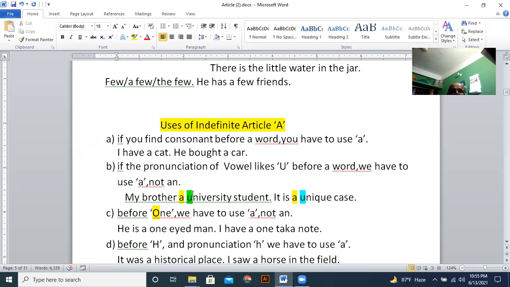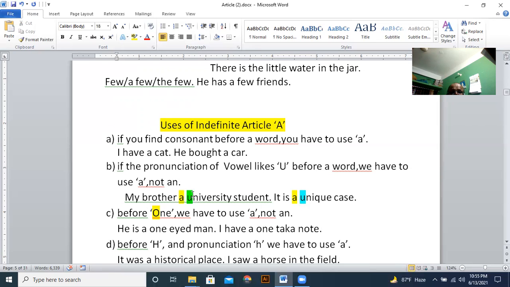So before this word we have to use a, not an. Same, it is a unique case. Here, unique starts with you sound, so we have to use a, not an.